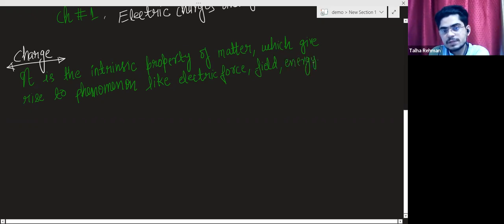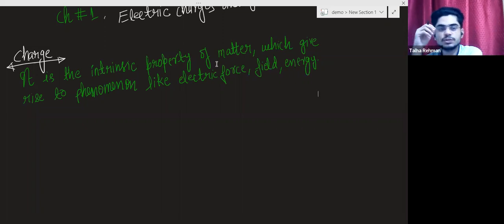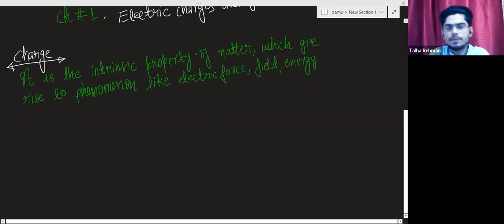You will see all these things in this chapter. So charge is basically the property of matter.